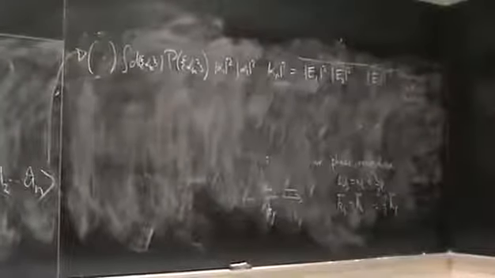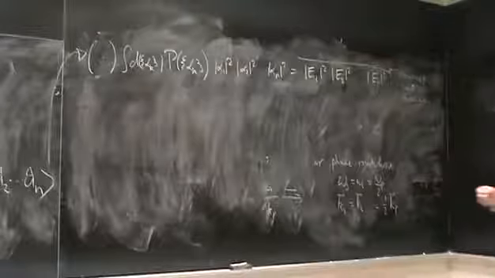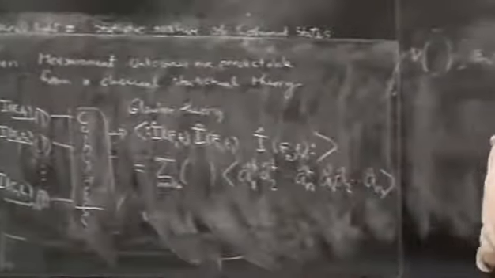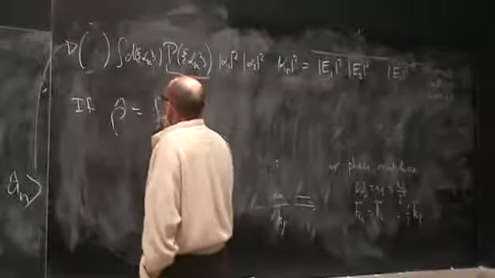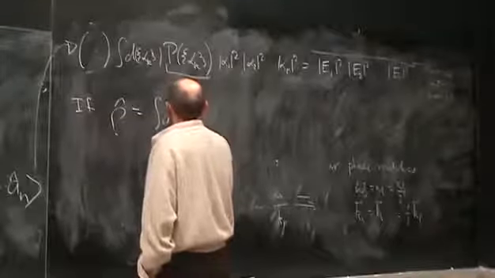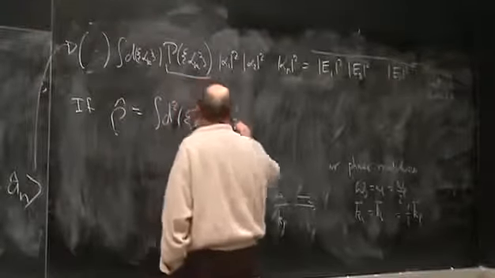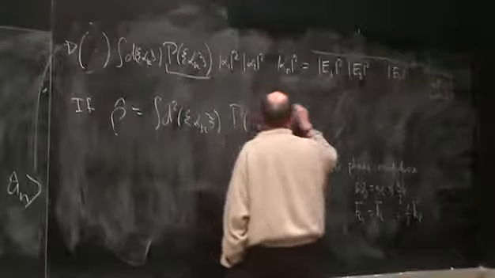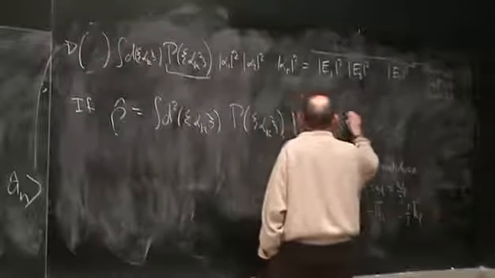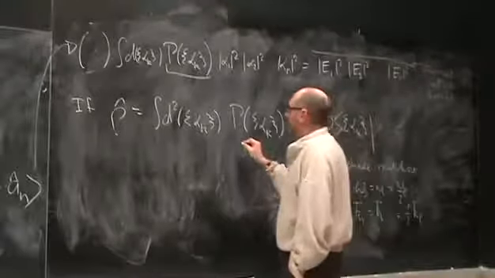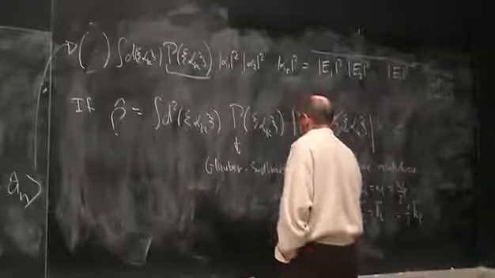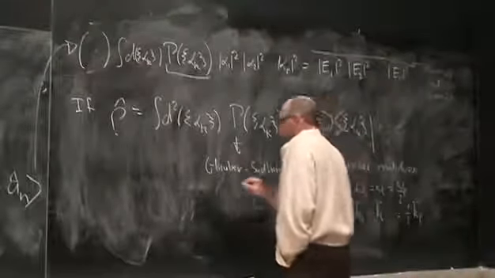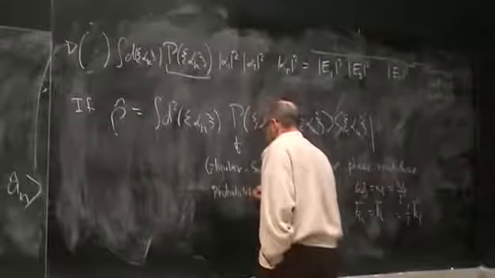So my photon counting could be predicted from a purely classical statistical theory, plus the intrinsic shot noise of the detection process, if rho was expressible in terms of a convex combination, a statistical mixture, of coherent states, with the so-called Glauber-Sudarshan probability distribution greater than 0.